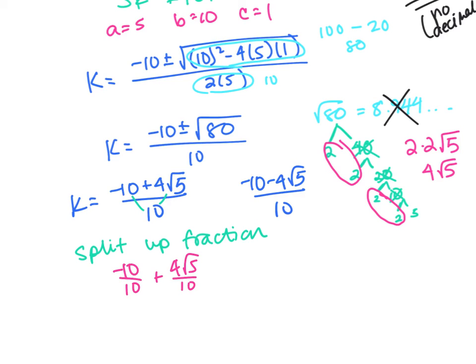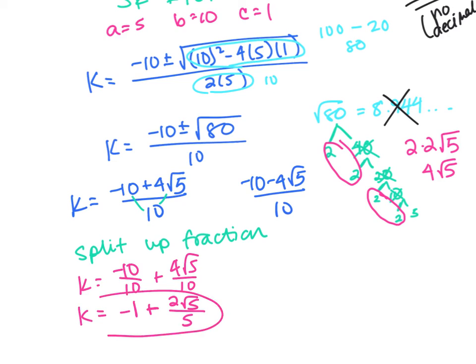I just split it up, essentially undo the common denominator, because now k equals negative 10 divided by 10, type that in the calculator, that's just negative 1, plus, and then 4 over 10. And use your calculator, use Desmos to help you. If you type 4 divided by 10 into Desmos, and then you click the little fraction button on the left, it'll simplify the fraction for you. It turns into 2 over 5.